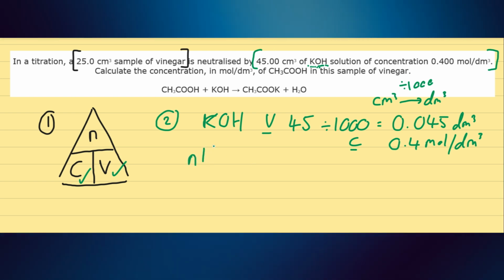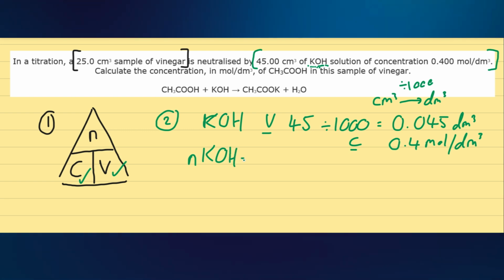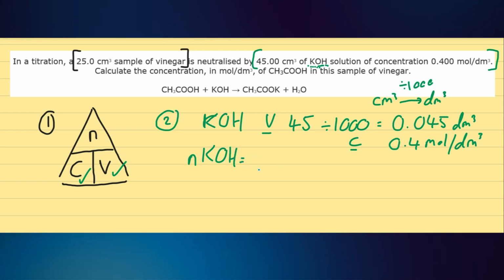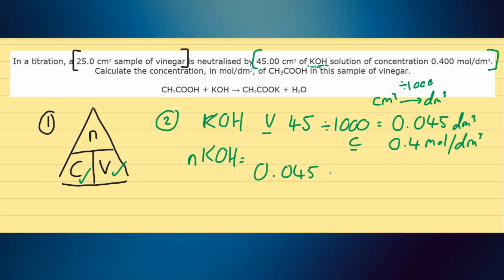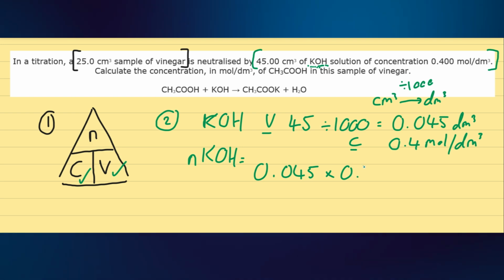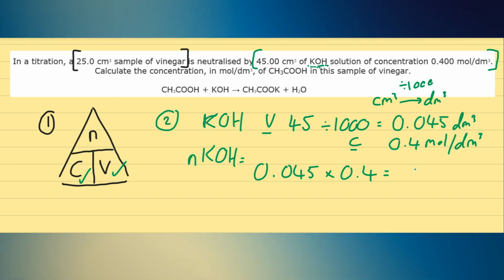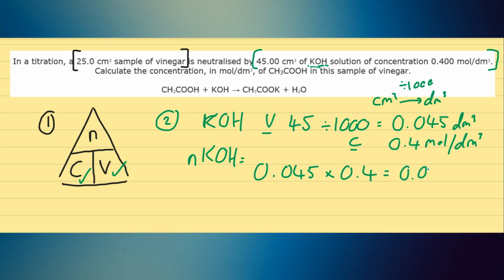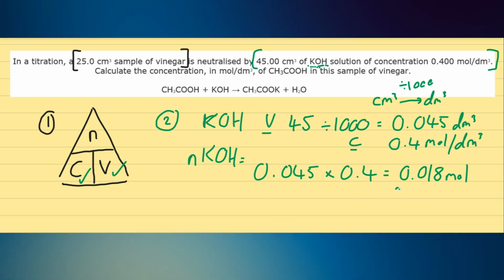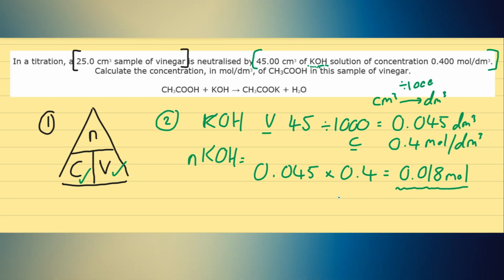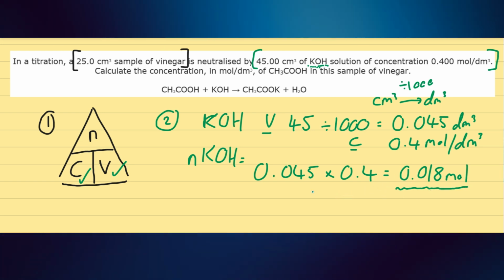So my number of moles of KOH equals 0.045 decimeters cubed times 0.4 moles per decimeters cubed. And if I tap that into a calculator, I'll find out that is 0.018 moles of KOH. I'll underline it to show it's important, 0.018 moles of KOH.